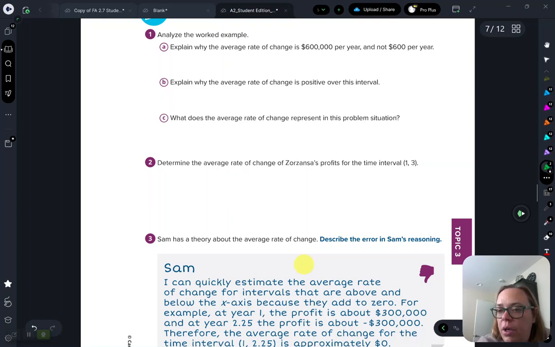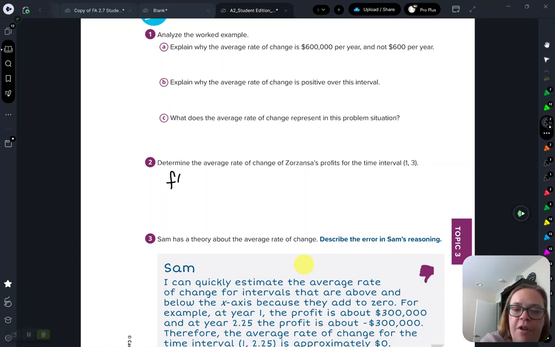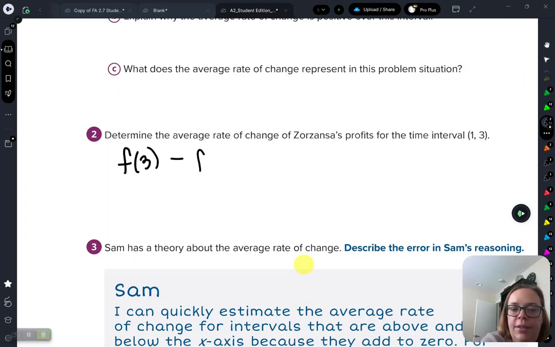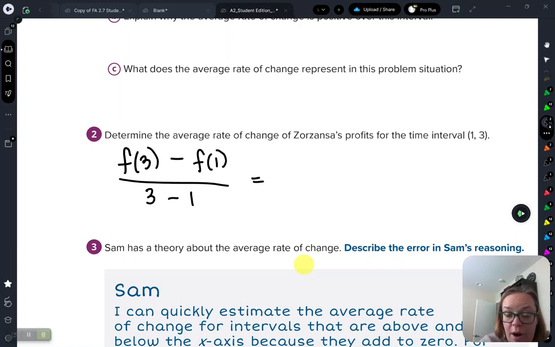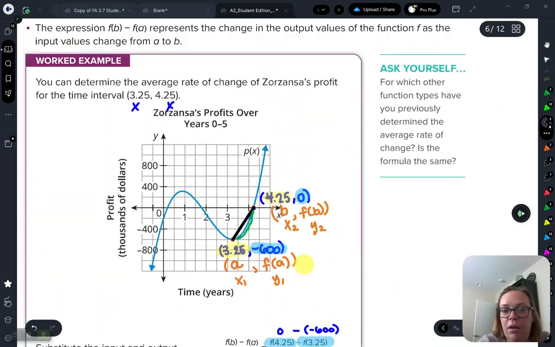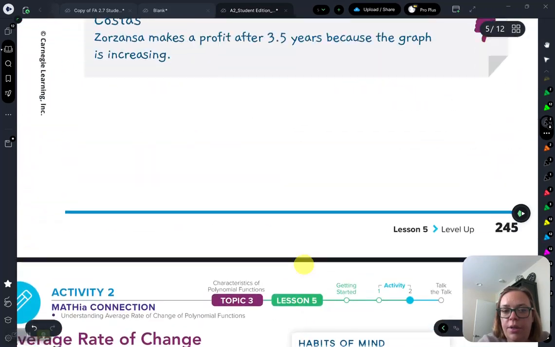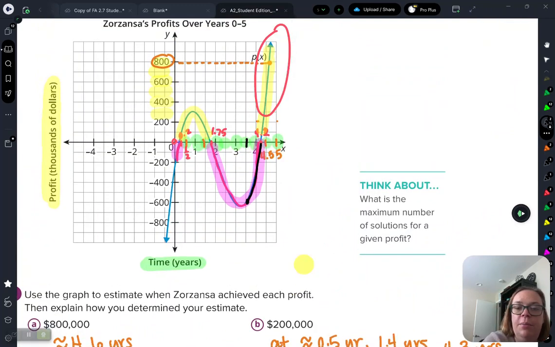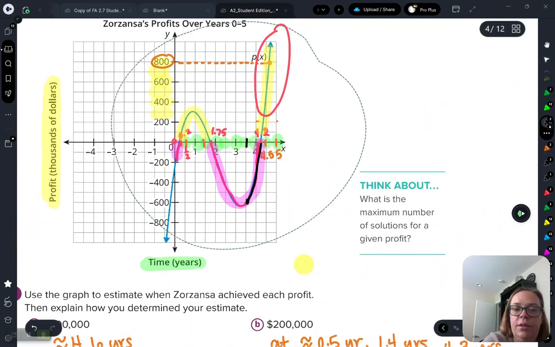Okay, so essentially, using their notation, we need to do f of 3 minus f of 1 divided by 3 minus 1. Now, what is f of 3 and what is f of 1? We got to look at the graph. So let's go back and look at the graph. I'm going to delete a bunch of stuff so we can see what's going on.